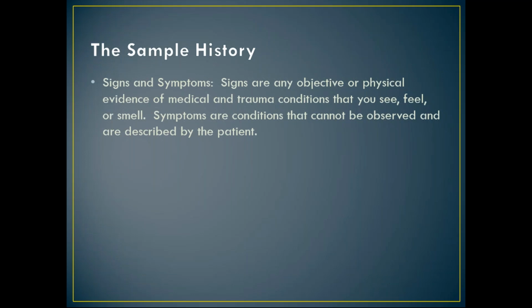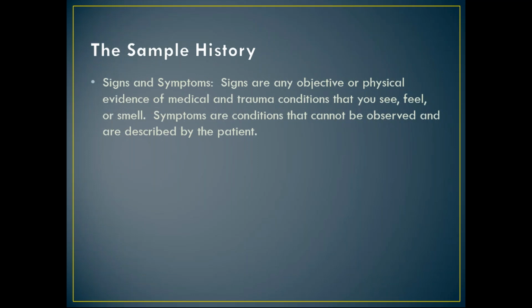So when we're breaking apart the SAMPLE, the S is going to stand for signs and symptoms. So signs are going to be any objective or physical evidence of that medical and trauma condition that either you can see, feel, or smell. Symptoms are going to be from what the patient actually tells you. So if a patient says, I've been having abdominal pain for the last 3 days, that is going to be a symptom.